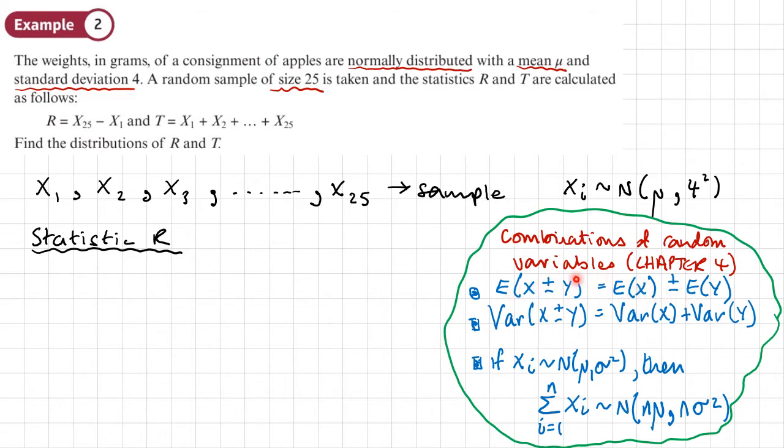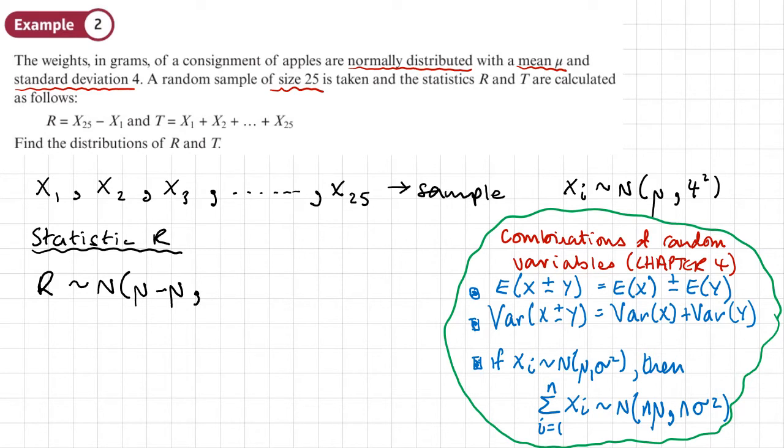So this is what we're going to use to find the mean. So R is going to be normally distributed. And the way that we find the mean of this distribution, using this rule, is the mean of x minus the mean of y. Now the mean of x is mu, the mean of y is going to be mu.